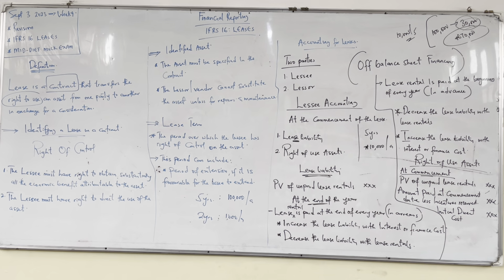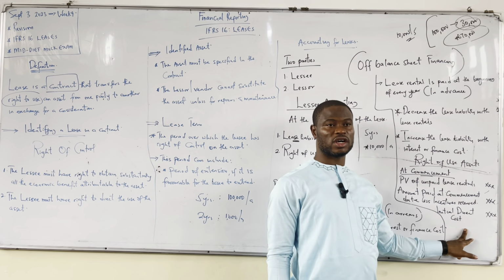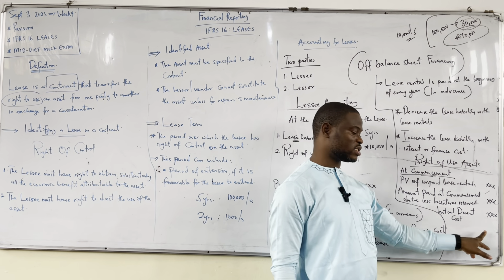You add initial direct costs like site preparation, professional fees, initial delivery and installation or assembly, and all of those ones that we have mentioned. Initial direct costs, that is what they call it in IFRS 16.